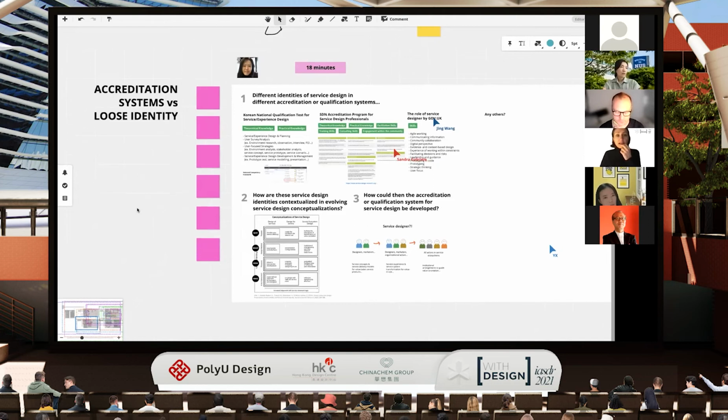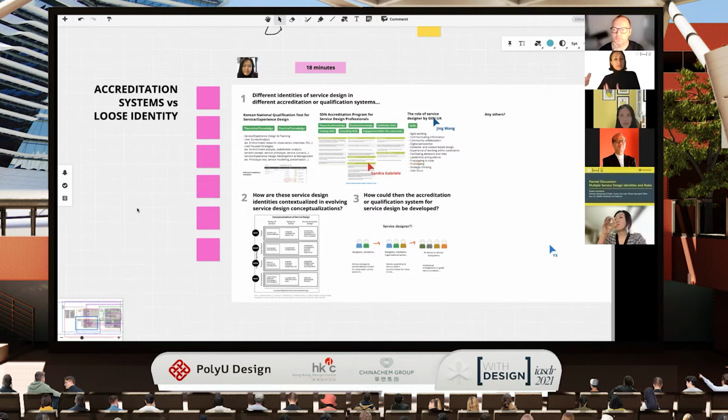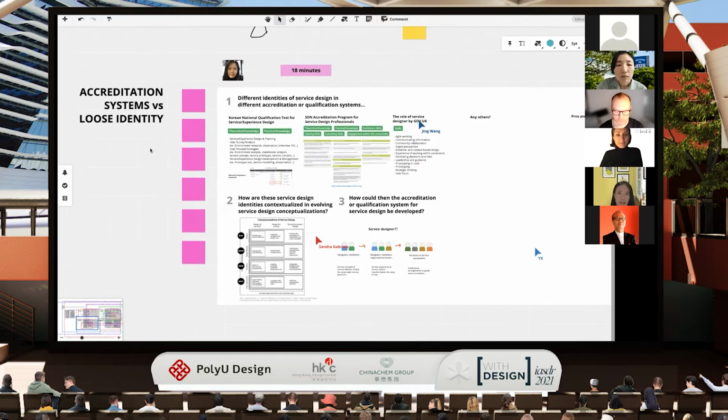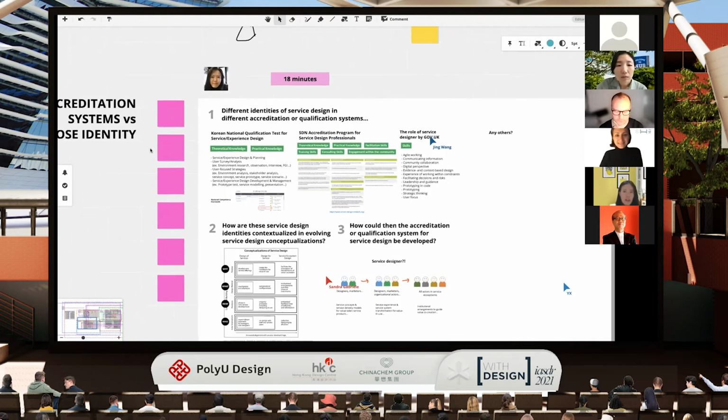So I ask you to give us an introduction to this other topic, which is the emergence of accreditation systems, which is partly related to this kind of service design skills frameworks. So the aim is to try to define better what is service design, who are service design professionals. Up to you.